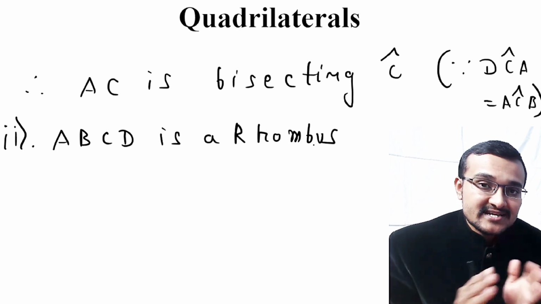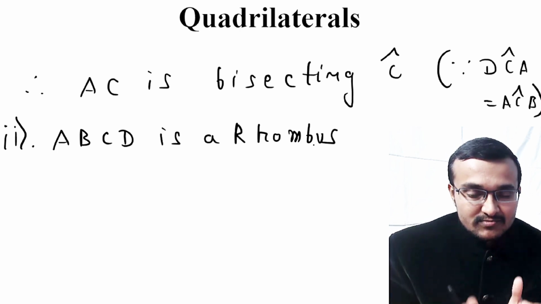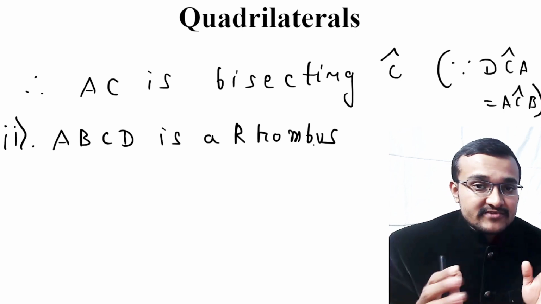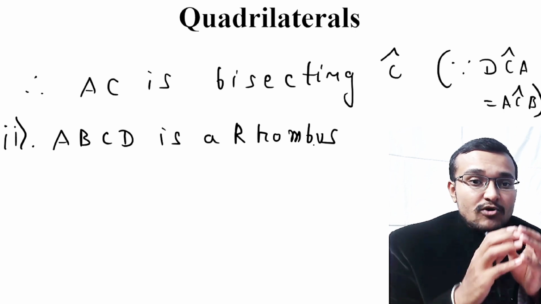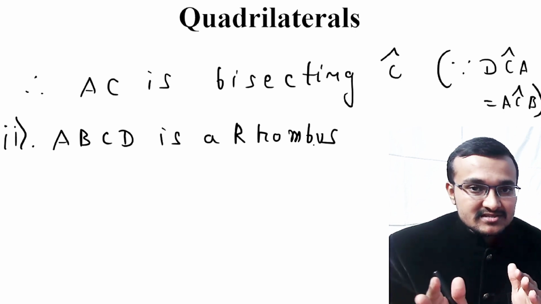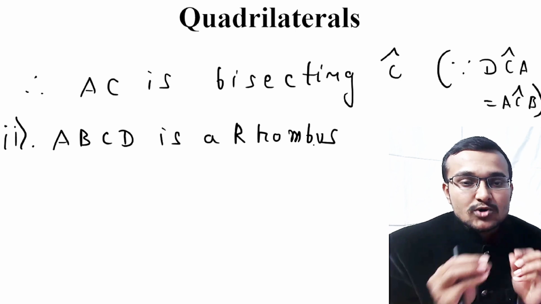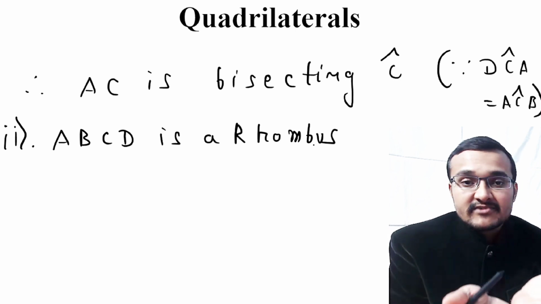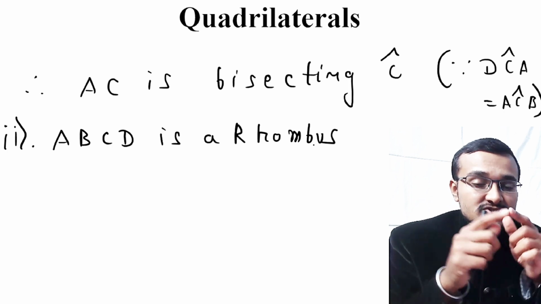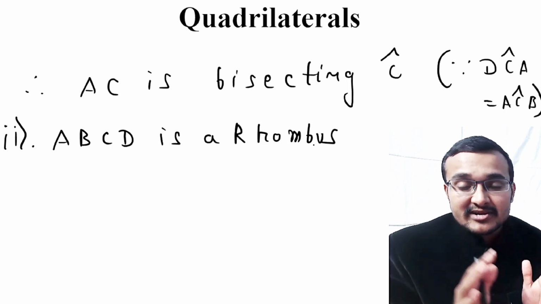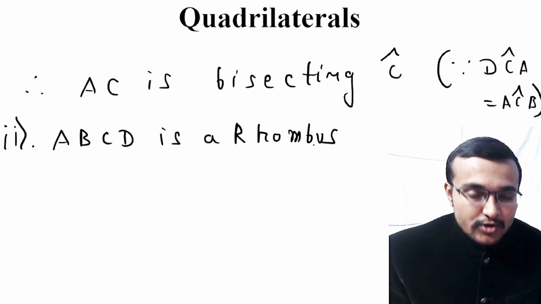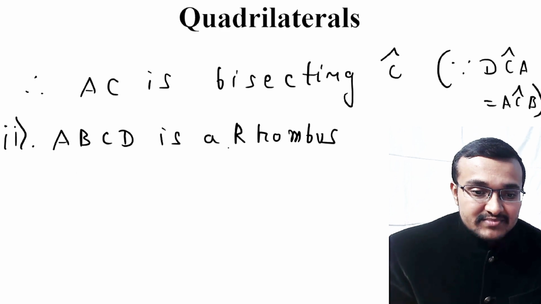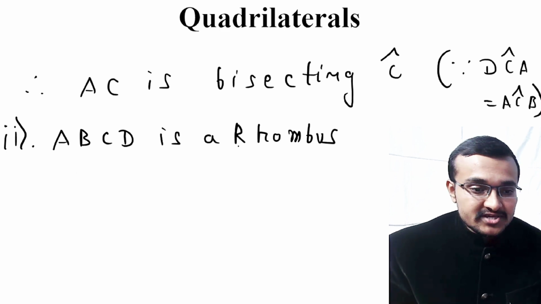In a square, all the sides and all the interior angles will be equal. But in a rhombus, we don't have any restriction of all the interior angles becoming equal to each other. We just need to prove that all the sides of this quadrilateral, or here the parallelogram ABCD, are equal to each other. Then that becomes a rhombus.